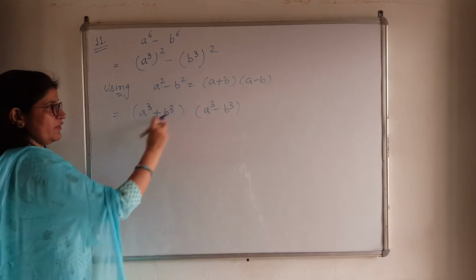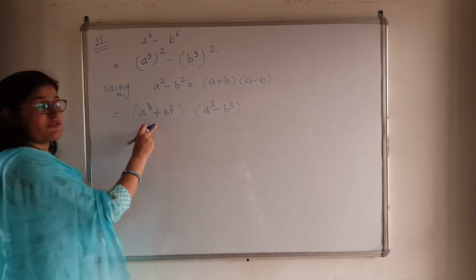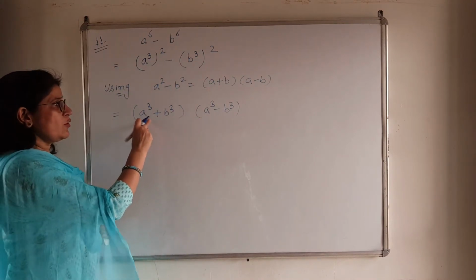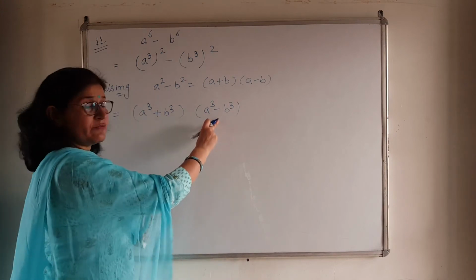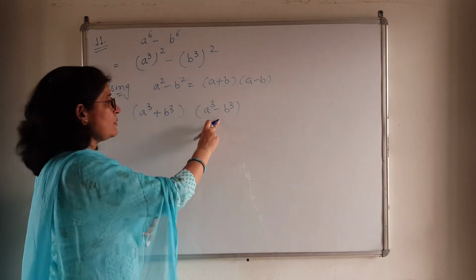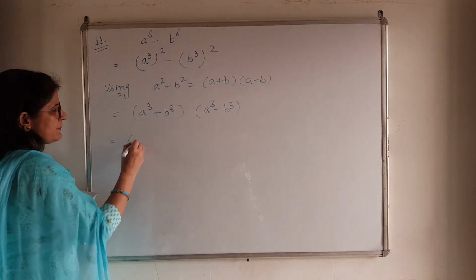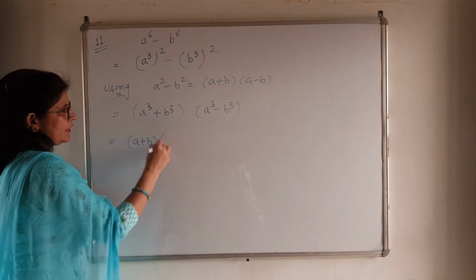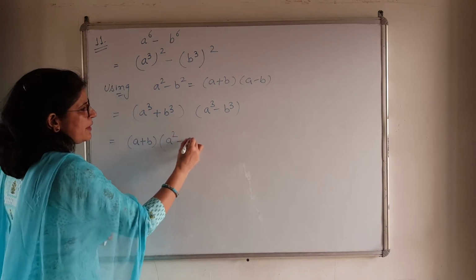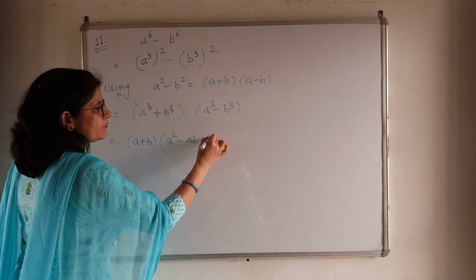Now we can take both of these terms. In the first we can follow the property of a cube plus b cube, and here we will go with a cube minus b cube. When we go with a cube plus b cube, the factors will be (a plus b) into (a square minus ab plus b square).